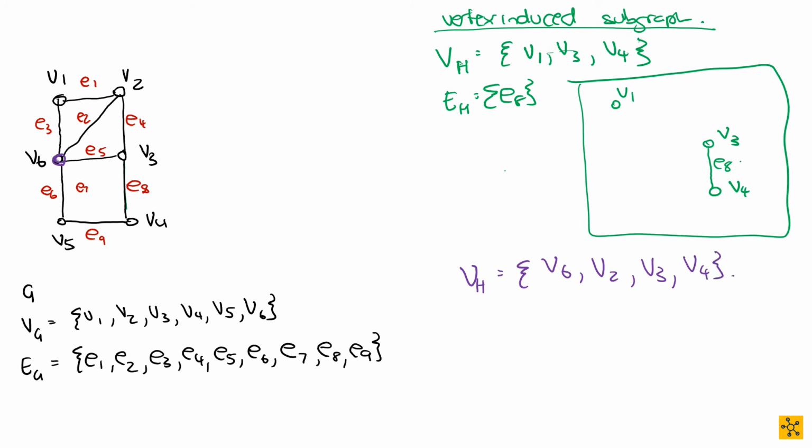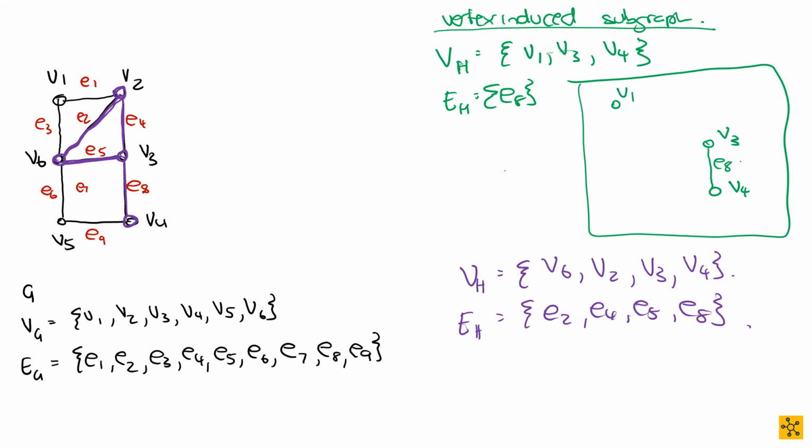So now our edge set for our vertex induced subgraph, where we use V6, V2, V3, and V4, are all the edges where both the end vertices are in the new graph. So if we go ahead and look at our main graph, it's going to be that edge there, that edge there, that one over there, and that one over there. So we'll have EH equal to E2, E4, E5, and E8.